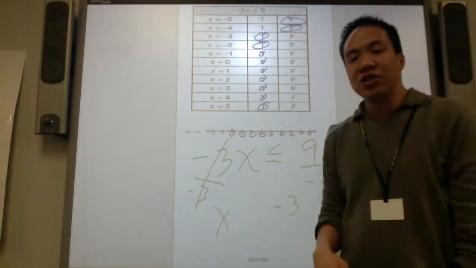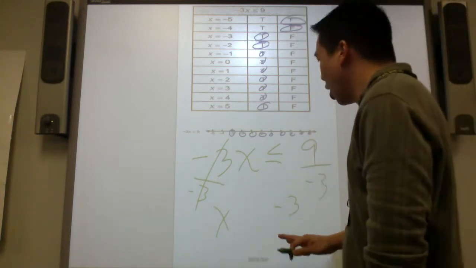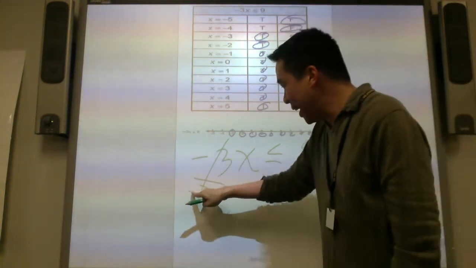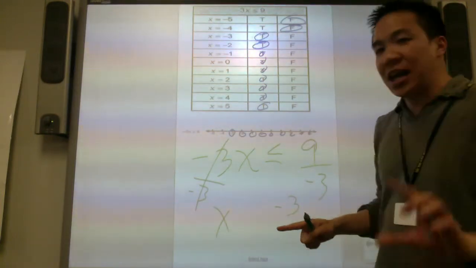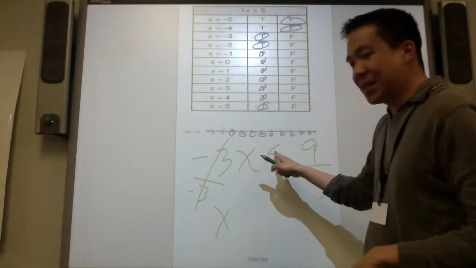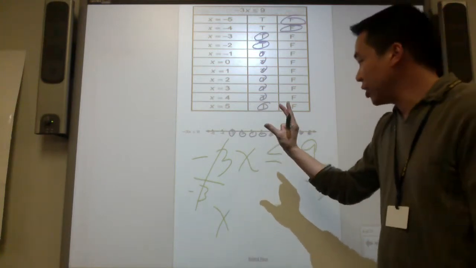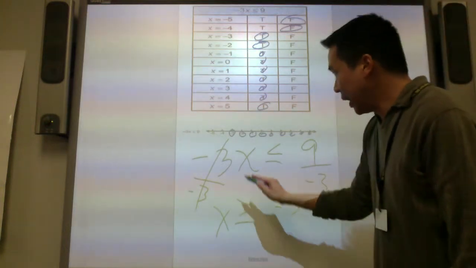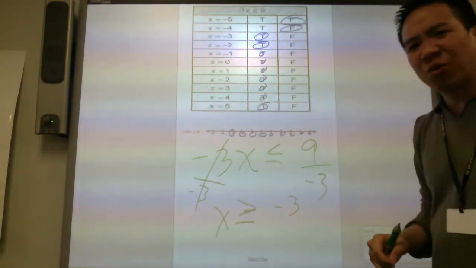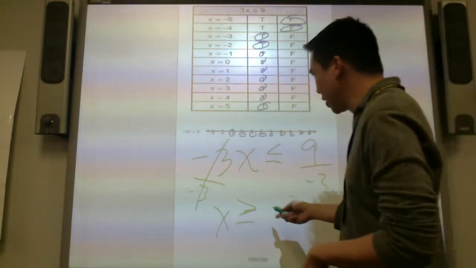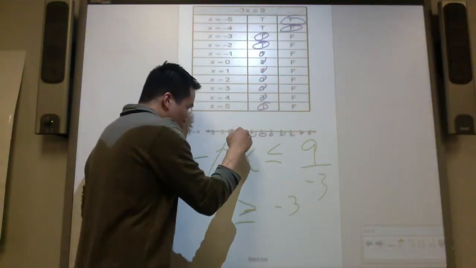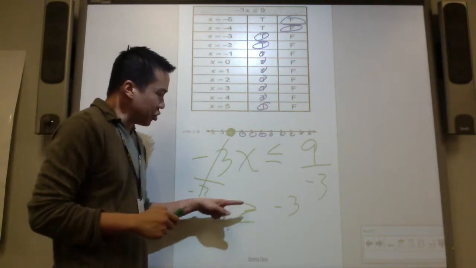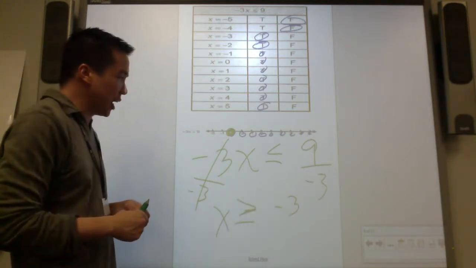And now, this is where it gets confusing. When you are dividing or multiplying by a negative number, this sign flip-flops. So this less than or equal to will flip-flop to greater than or equal to. Let's look at our number line and see if this is true. So I go to negative 3. Closed dot, because I'm including it. What numbers are greater than or equal to negative 3?